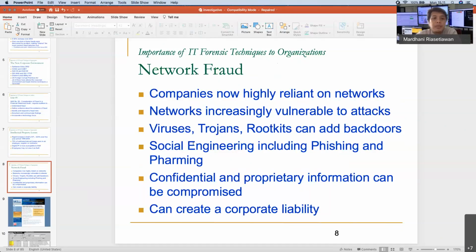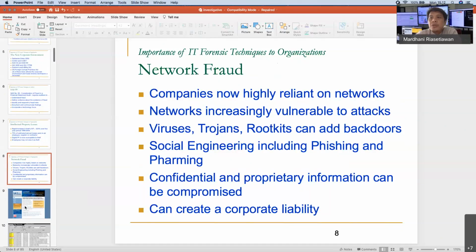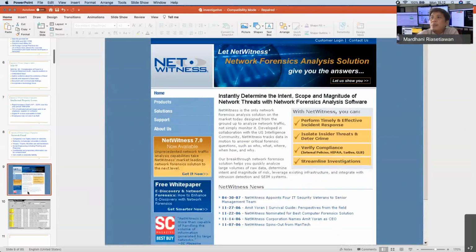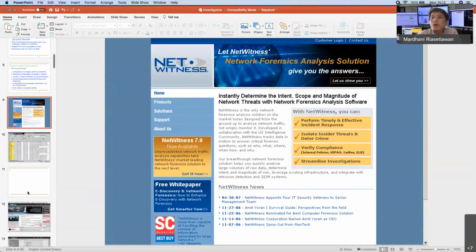Confidentiality and proprietary information can also be compromised, and corporate liability will occur over the years. So these are some of the sources that maybe you can learn about.